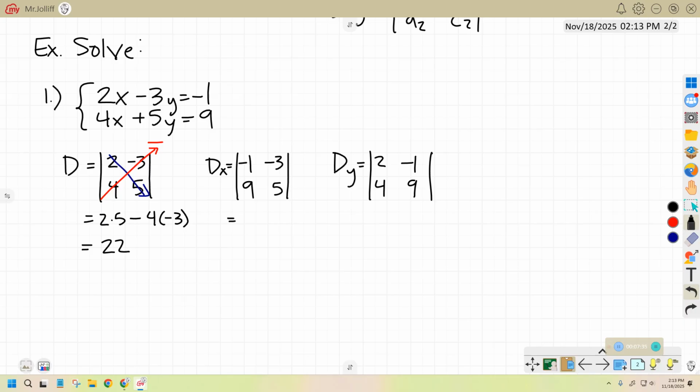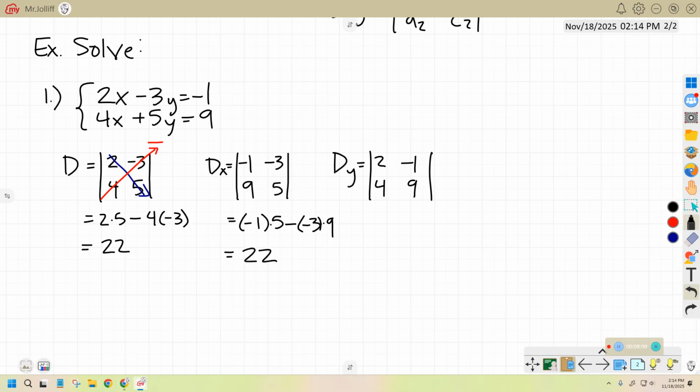And then I'm going to do the same thing. So from the top down, I get -1 times 5 minus -3 times 9, which is positive 18 minus 5, which is, wait, 27 minus 5 is 22.